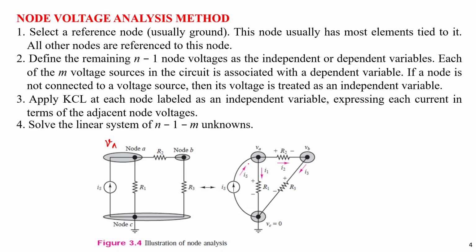We don't know VA, right? We don't know VB. And for node voltage analysis, we use KCL in the form of node voltage. We formulate the equation by KCL in the form of node voltage.